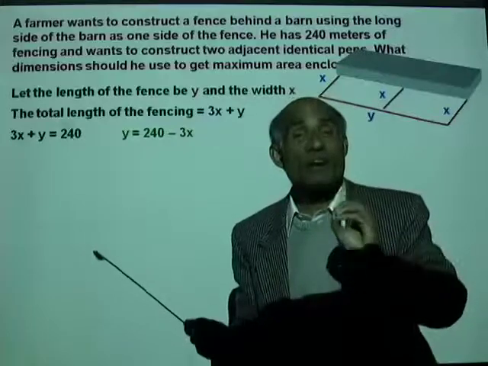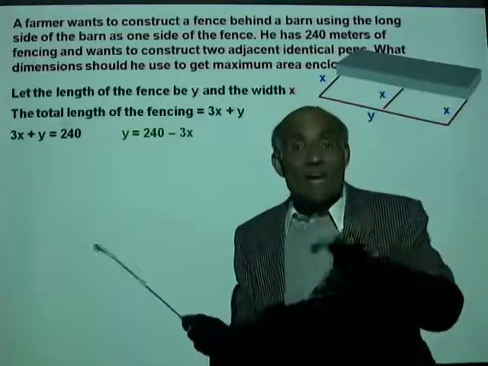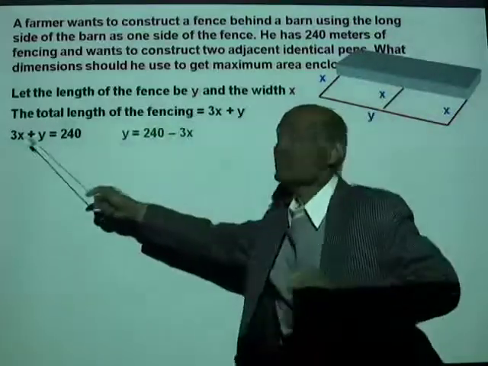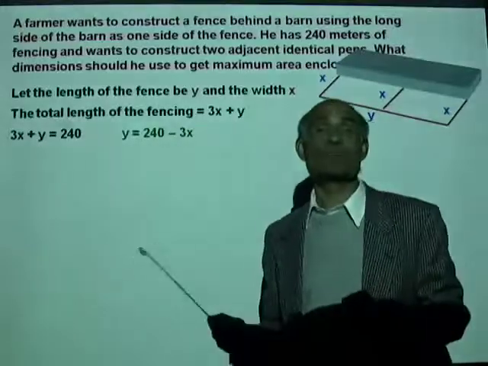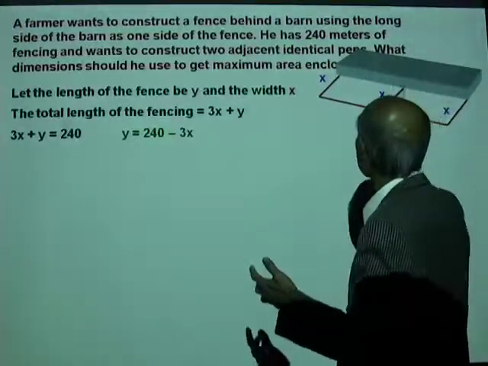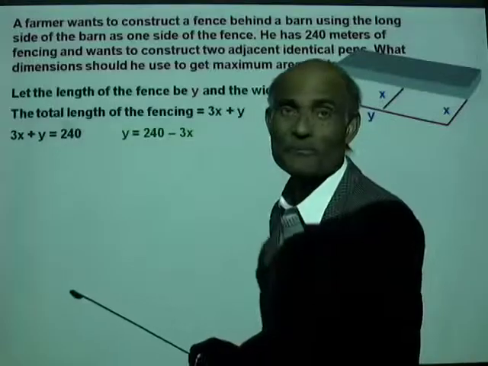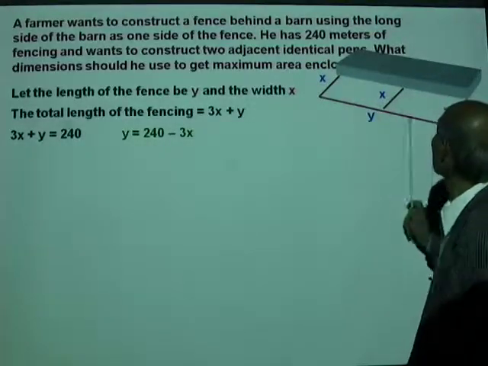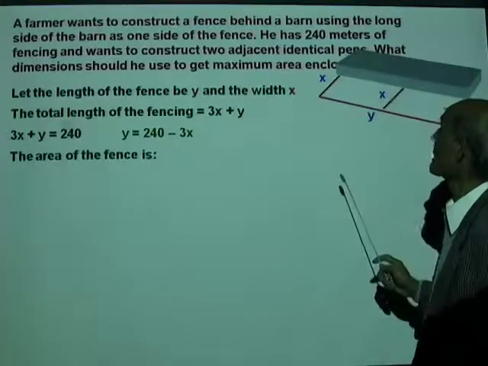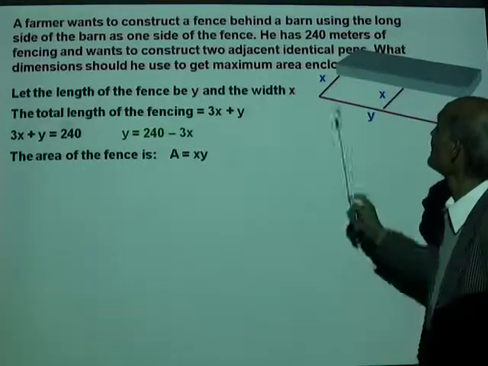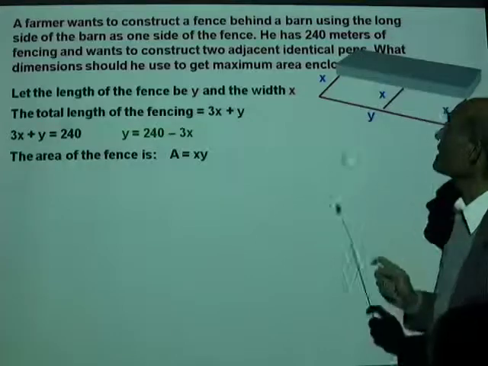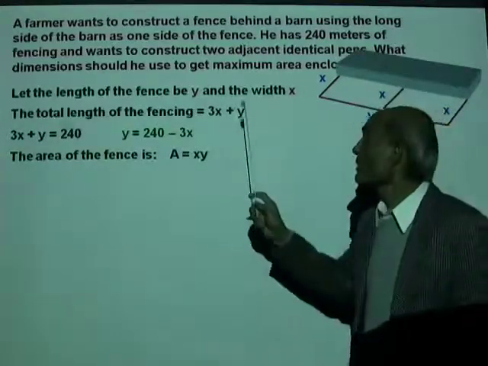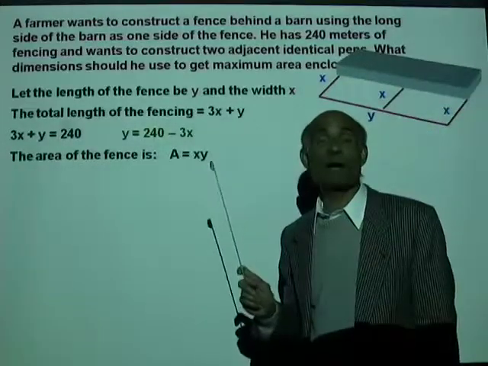That means we need to now write area as a function of one of these. Can you write what is the area of this pen? Well, the area will be, isn't it, length multiplied by width, x times y? Yes, x multiplied by y will be the area. So the area is x times y.